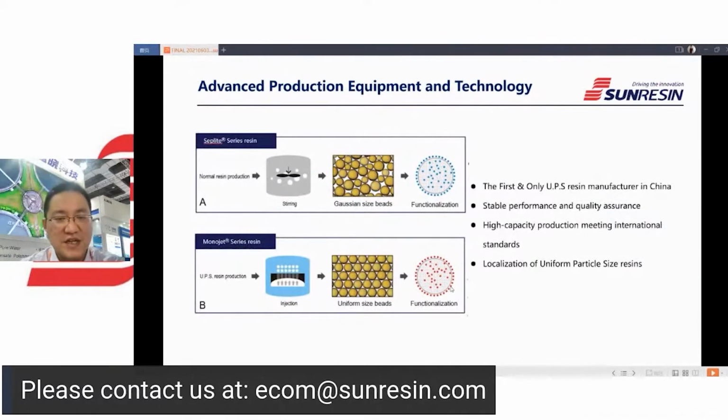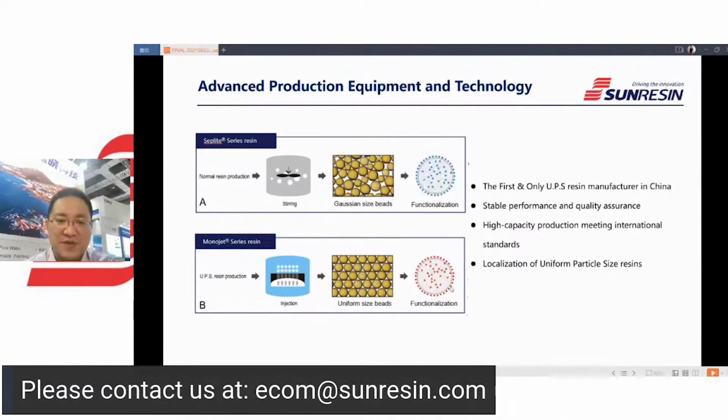At present, Sunresin has mastered the advanced polymerization of UPS resin, which is totally different from ordinary suspension polymerization. In ordinary suspension polymerization, we add the initiator and the monomers, such as styrene and dimethylbenzene, into water in a vessel under certain temperature and stirring.